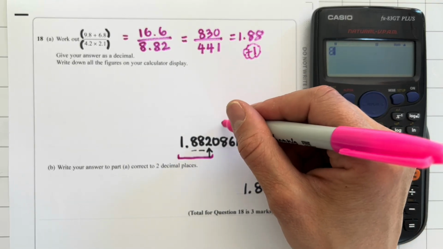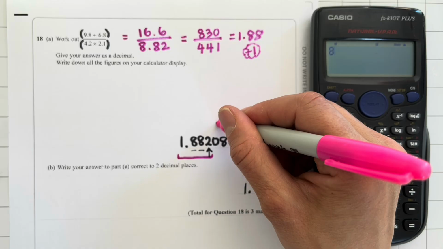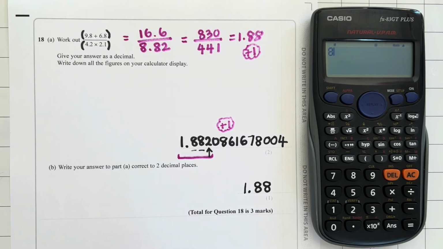The second mark is for giving an appropriate number of decimal points.